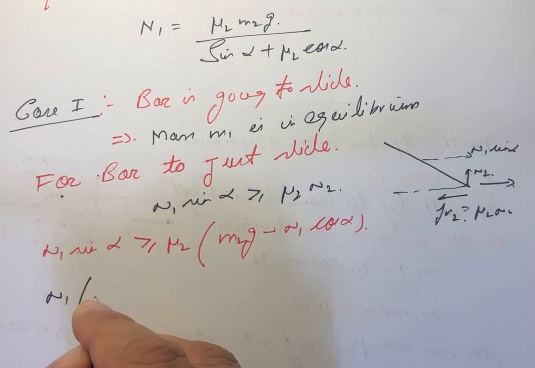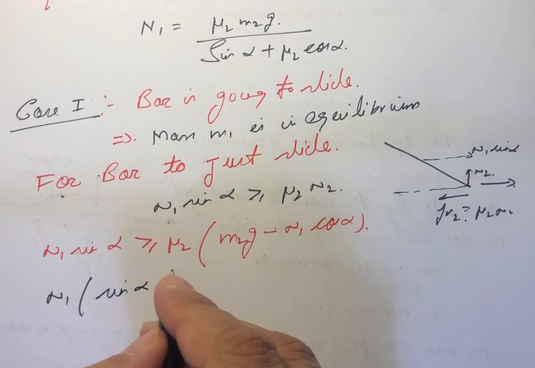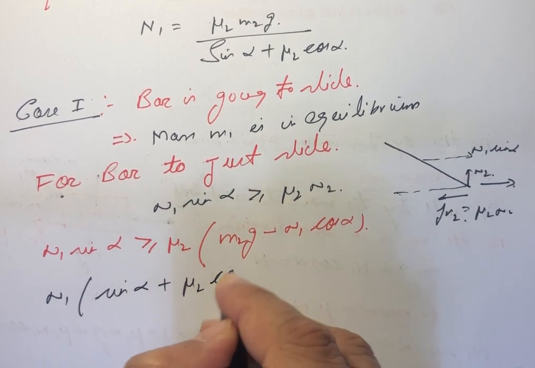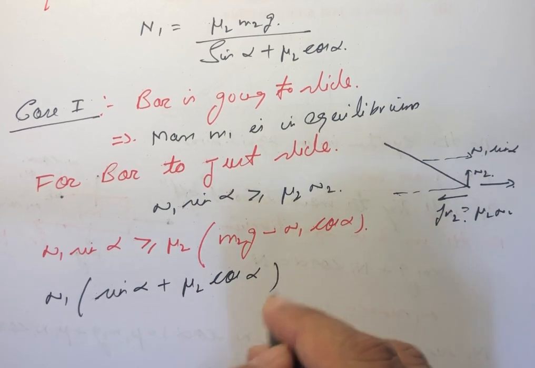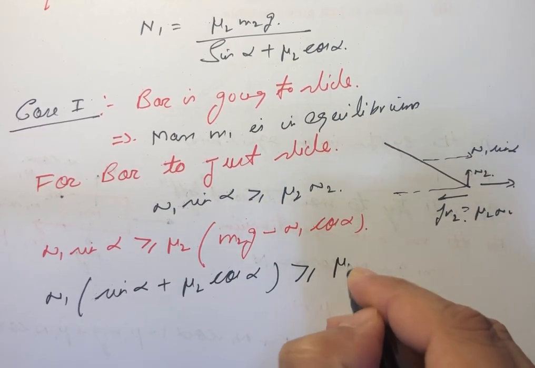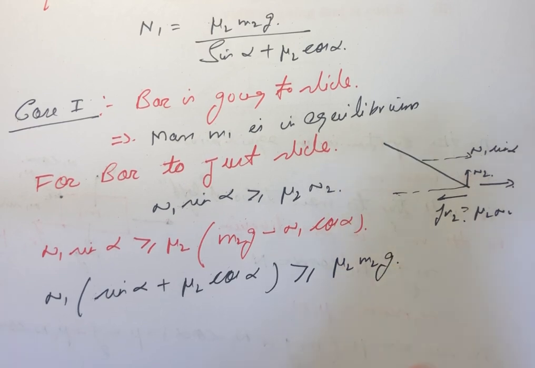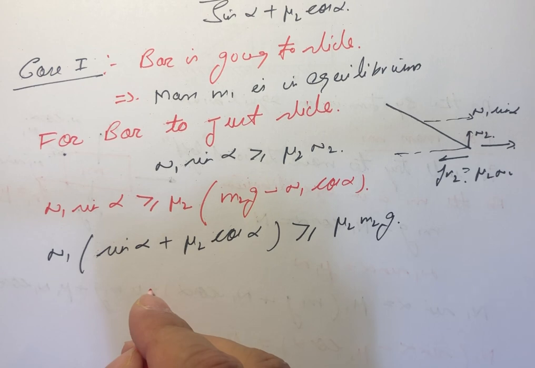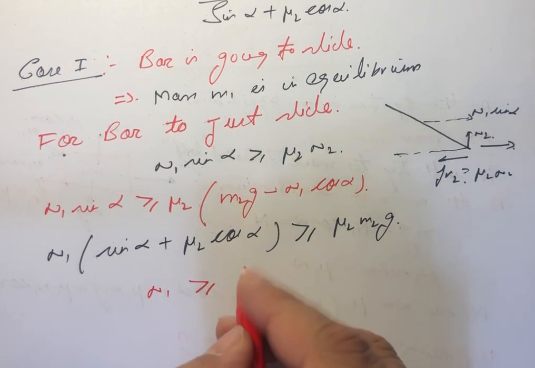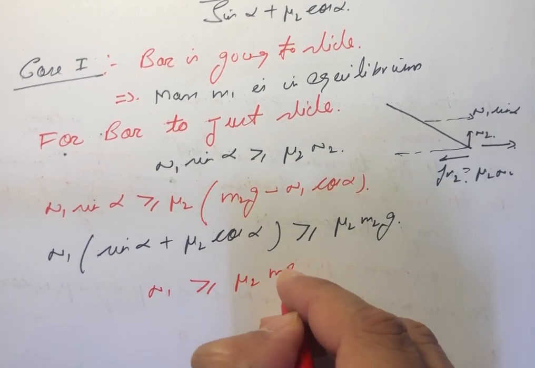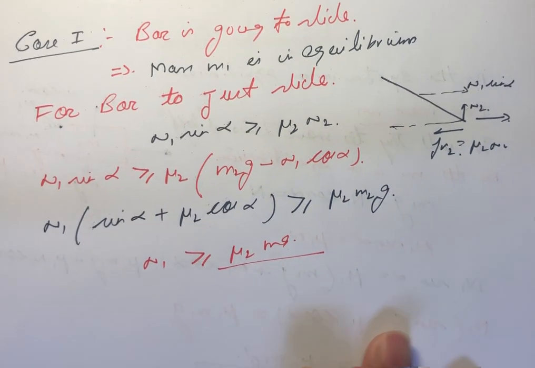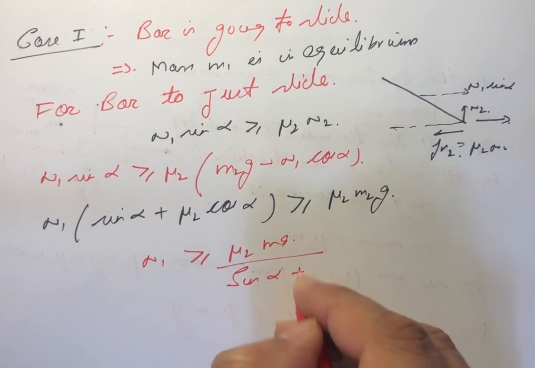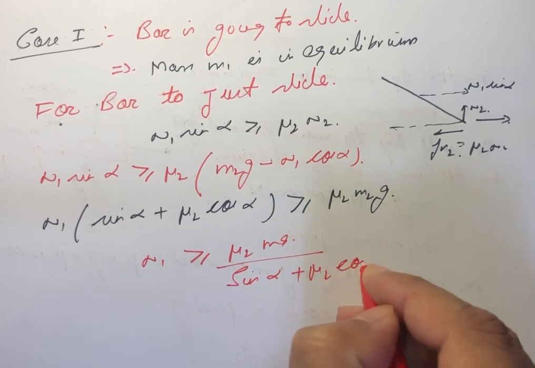We get n1 (sin alpha plus mu2 cos alpha) is greater than or equal to mu2 m2 g. And we can say n1 is greater than or equal to mu2 m2 g divided by (sin alpha plus mu2 cos alpha).